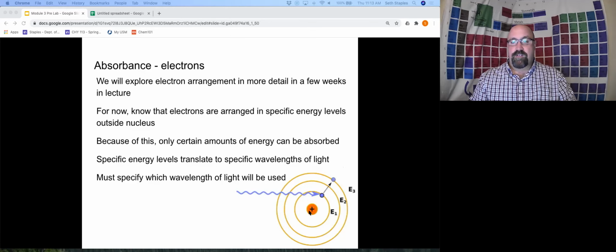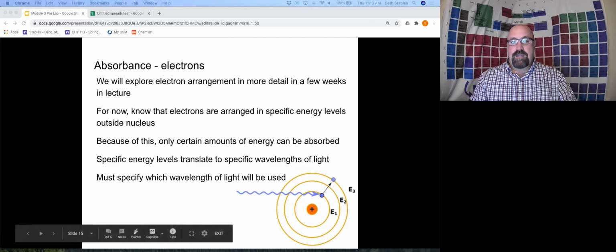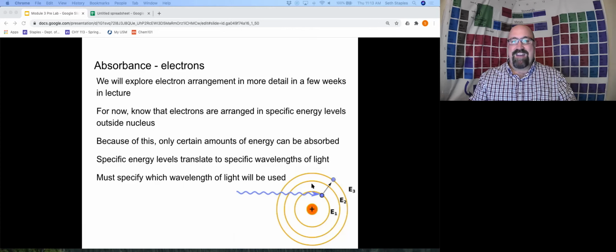Here's our nucleus, and here are some very specific energy levels where electrons can be found. This means that electrons would not be found right here where my cursor is, or right here. You're only going to find electrons on these very specific energy levels.